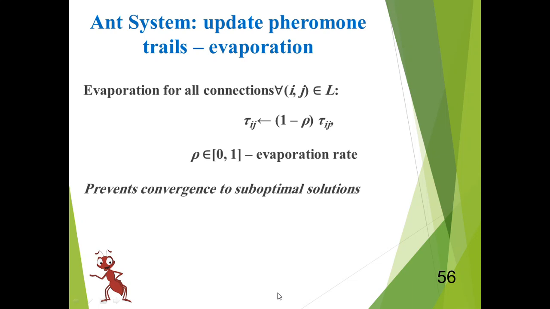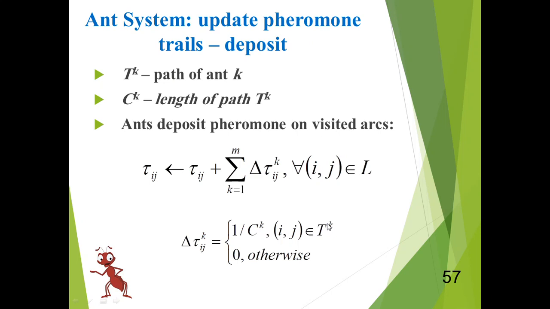Ant System updates the pheromone trail: evaporation for all connections with this equation, and the evaporation rate rho prevents convergence to suboptimal solutions. Update pheromone trail deposit: Tk is the path of ant K, Ck is the length of path Tk.